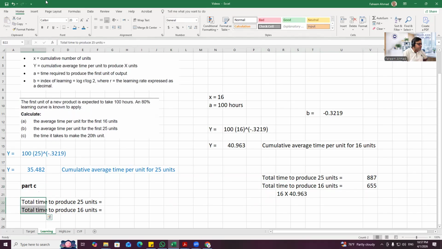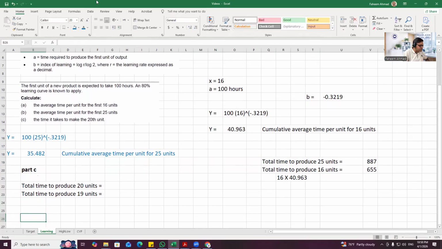We need to calculate two times. One is for 20 units total time, and then time taken to produce 19 units. The difference between these two will be actual time taken to produce the 20th unit. So I'm going to use the same formula, this one.